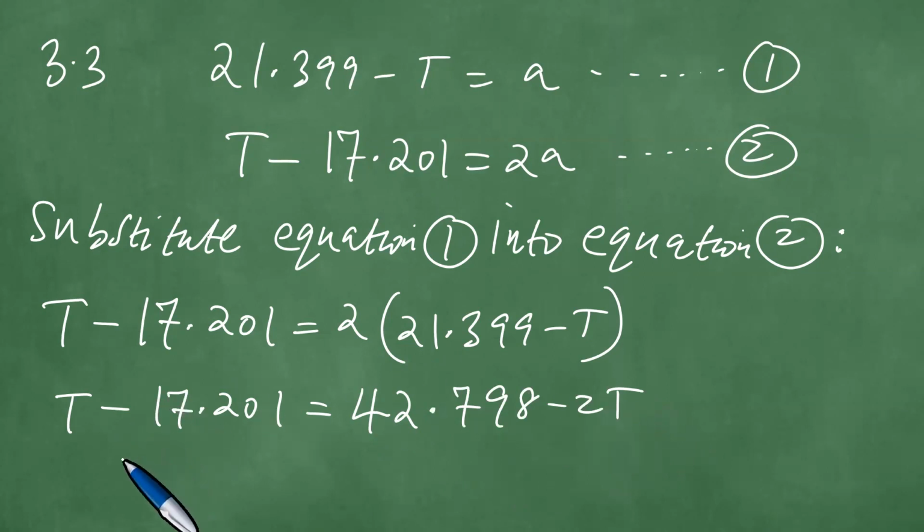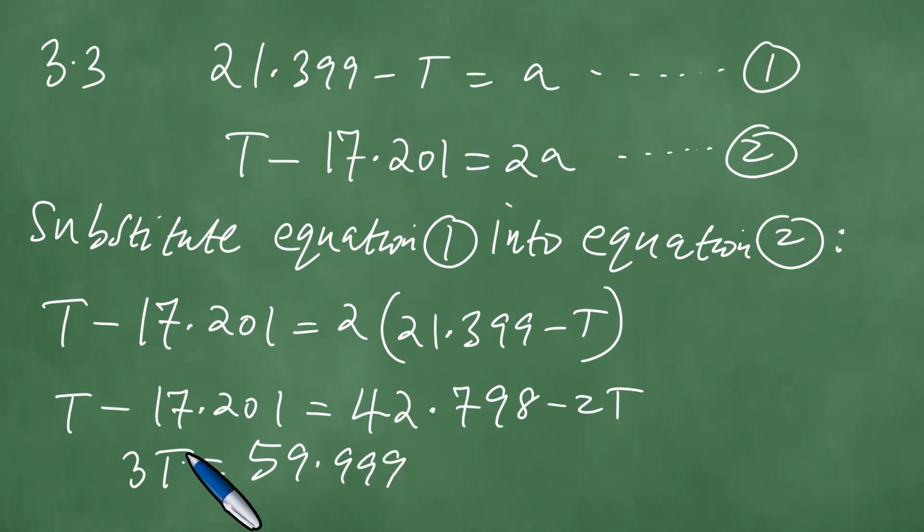Bring this one across. 3 times the tension. You therefore have 3 times the tension, then you have 17.201 plus 42.798, which means that it is actually 59.999.